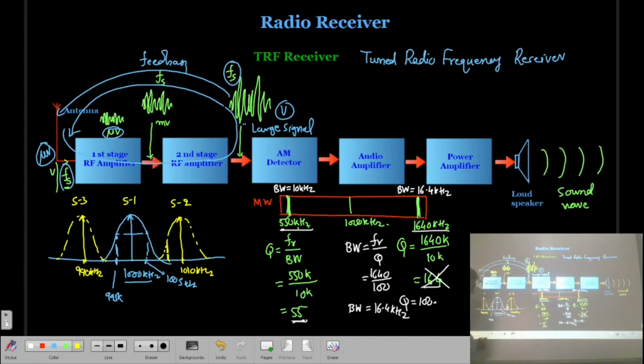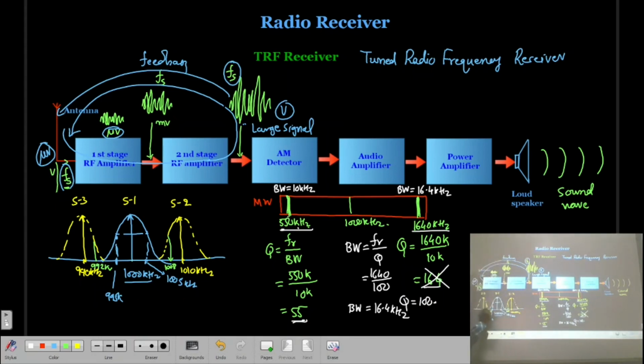So remember, at this point we have 1008. And somewhere here, 1008 means 992. So this frequency here is 992 kilohertz. So the bandwidth is increasing.